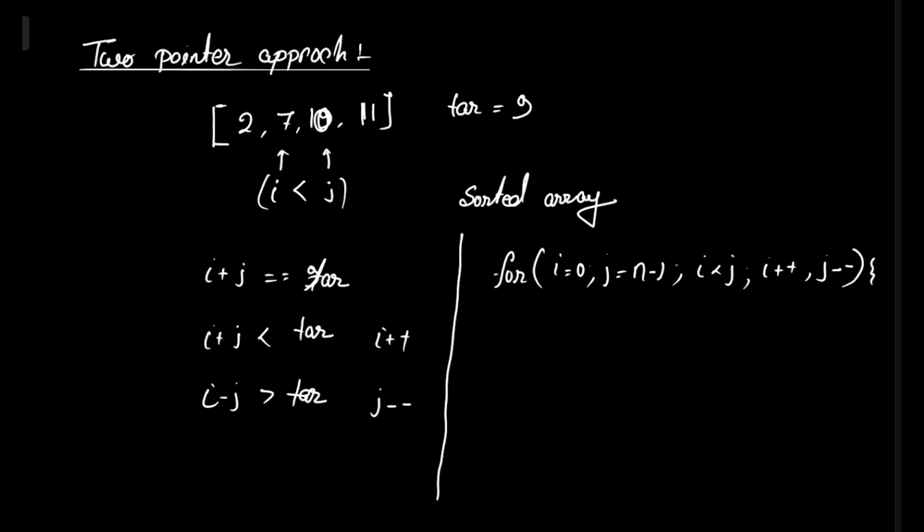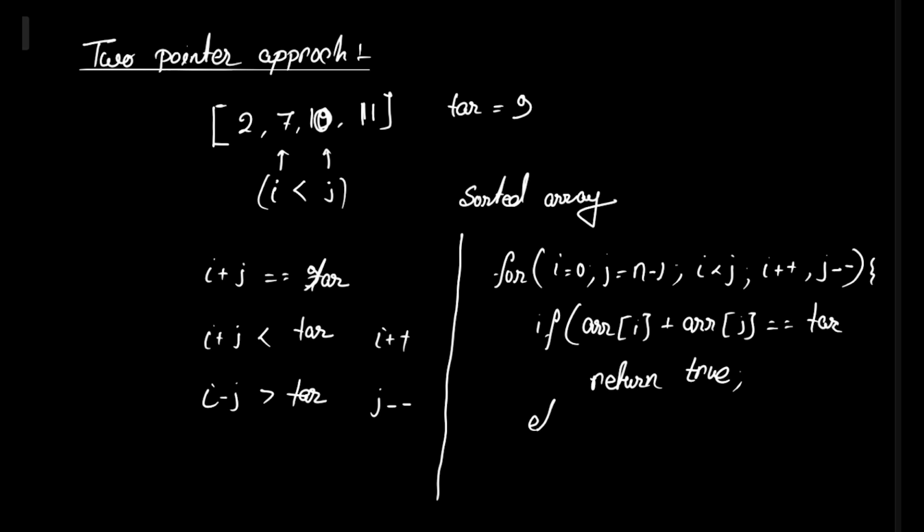And now we take the condition: if array of i plus array of j is equal to target, then return true.